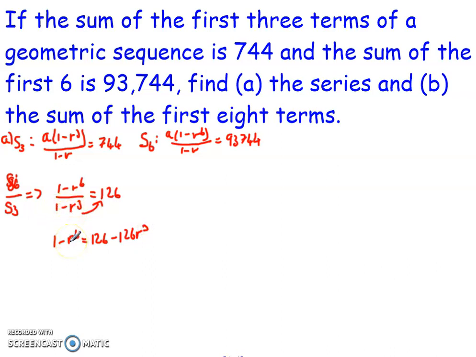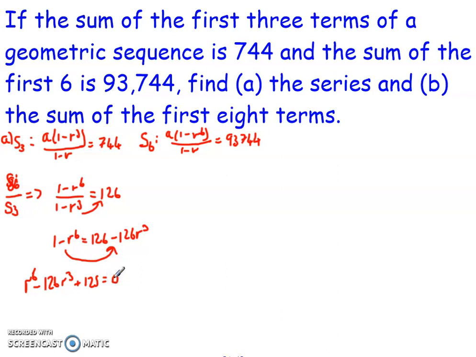Now if this was a quadratic, I'd look to get everything on one side, set it equal to 0, and solve it. So let's try looking at that method here. So if we take all of this across to this side, I'd end up with r^6 - 126r³. I'd then have 126 take away 1, so I'd end up with plus 125 equals 0.